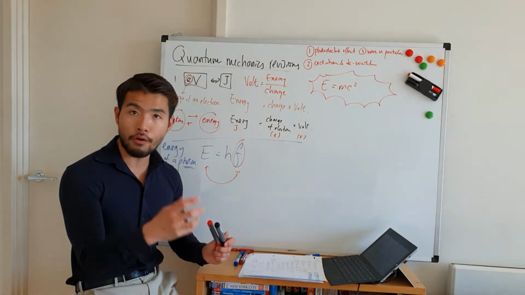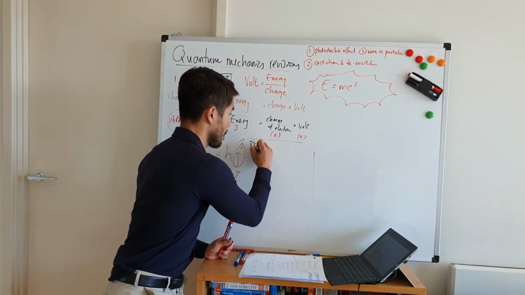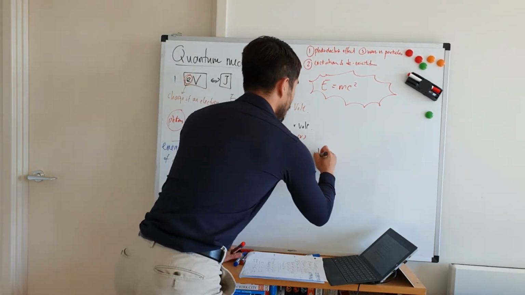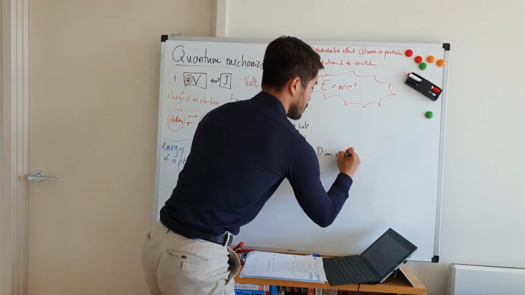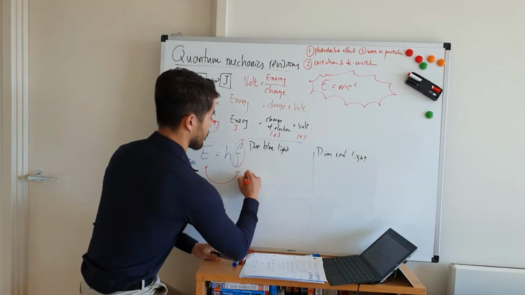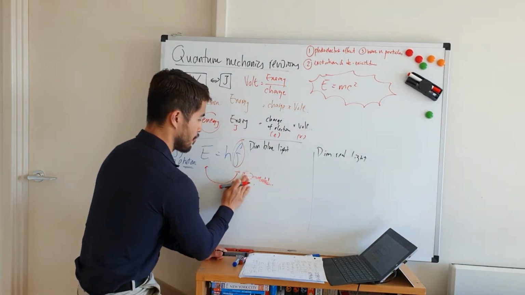Let's do 4 situations together. Dim blue light, dim red light, and bright blue light. Oh, use black.